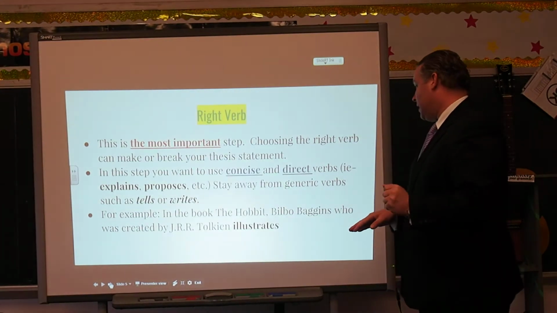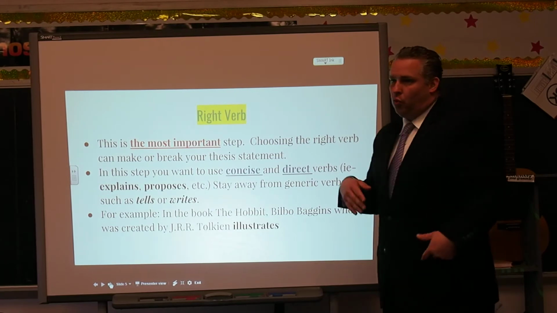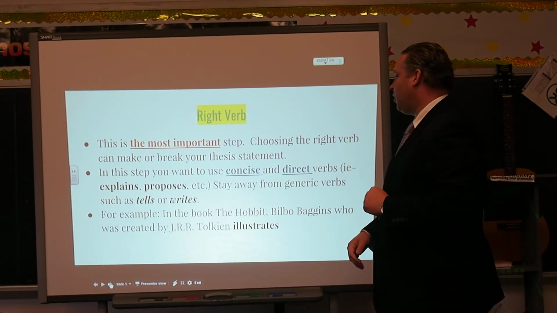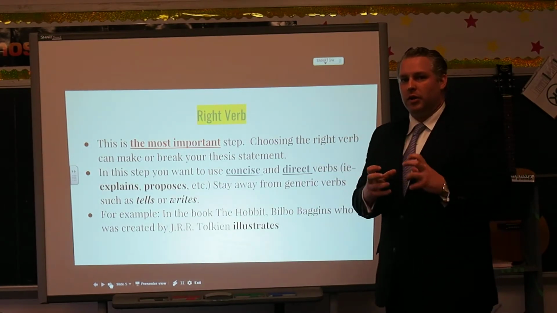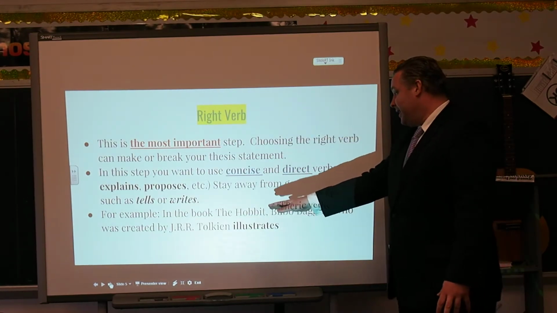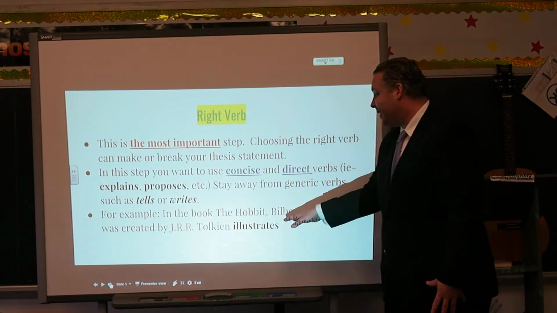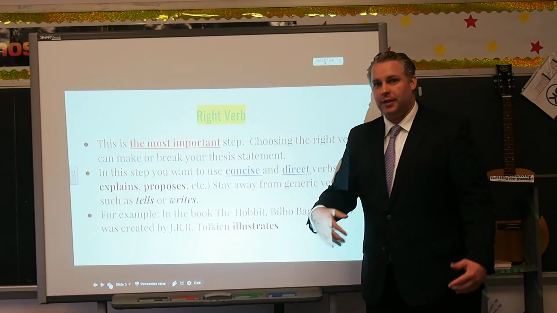Stay away from generic verbs like tells or writes. We're going for concise, particular, specific verbs like explains, proposes, illustrates. That's the good stuff right there. So, example again, "in the book The Hobbit, Bilbo Baggins, who was created by J.R.R. Tolkien, illustrates."